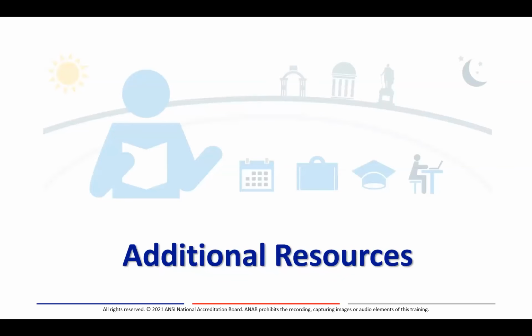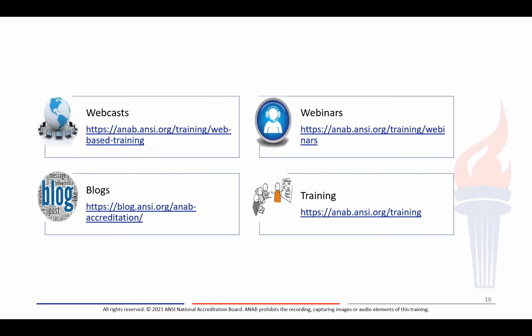Before I turn it back over to Karen, I wanted to leave you with some additional resources that ANAB has to offer. ANAB has many different media to further your understanding of standards, accreditation, management systems, and assessments. On the ANAB website, there are free webcasts on a variety of topics.